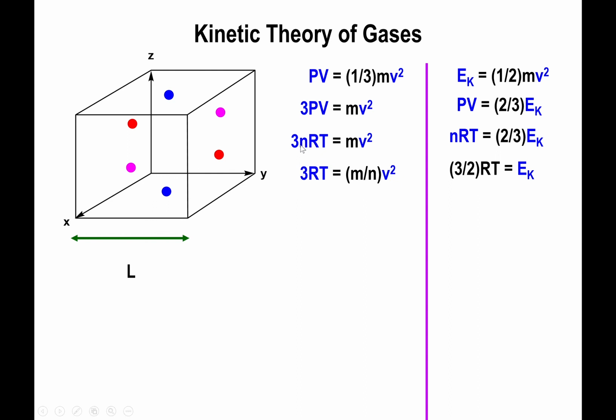And now dividing by the number of moles, we have mass divided by moles on the right side of the equation. Mass divided by moles is the same thing as molecular weight or molecular mass of the gas. So ultimately what this means is that the speed squared of the gas is going to equal 3RT divided by the molecular weight of the gas itself.